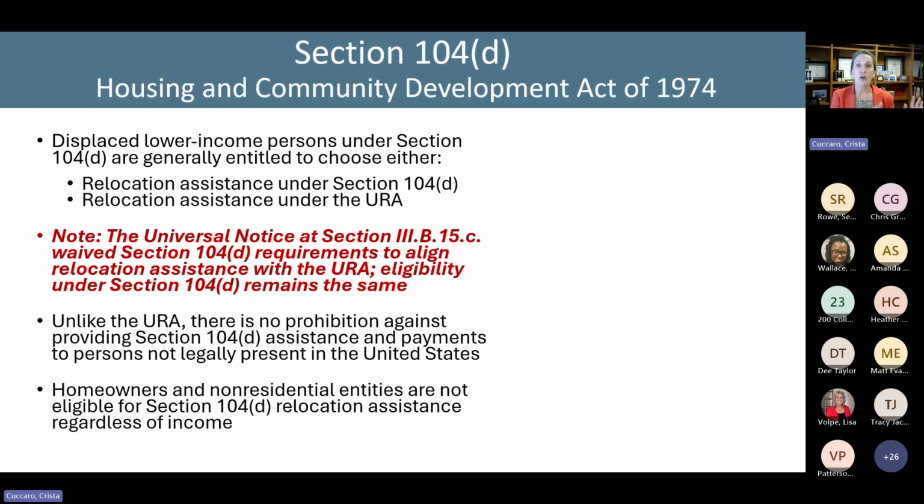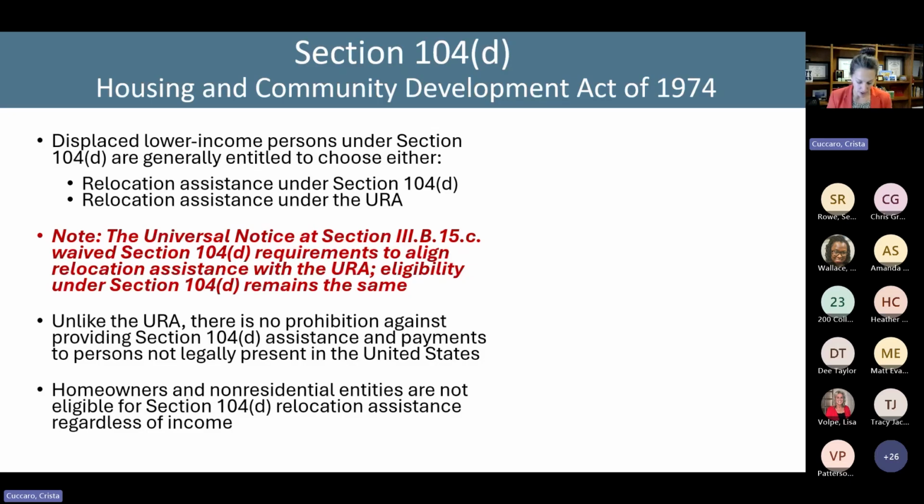But the universal notice waives Section 104D requirements to align the relocation assistance in terms of financial calculations with the URA. So there's not a distinction on the calculation for Section 104D as opposed to the URA. The eligibility under Section 104D remains the same.